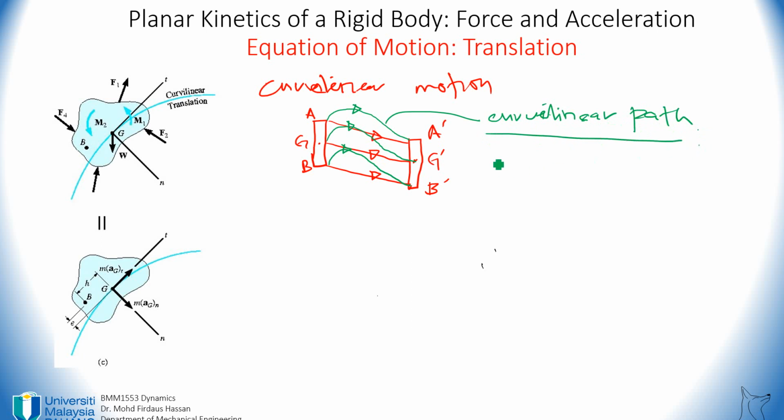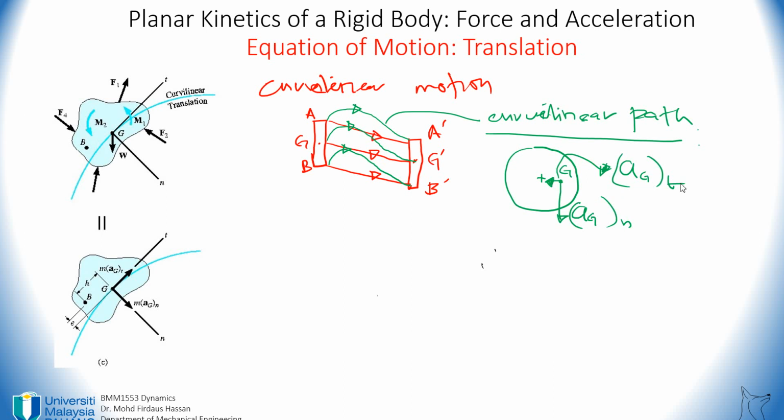We have discussed paths before. If you have this circular disc where your G is not in the middle, but somewhere here, let's say this is an unbalanced wheel. For curvilinear motion of these bodies, it will have two components, normal and tangential: a_Gn and a_Gt. The normal is always toward the center of rotation.